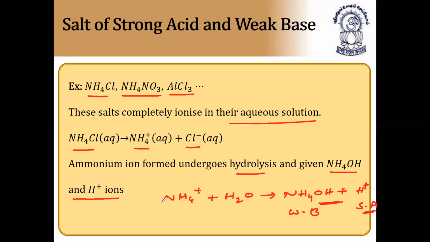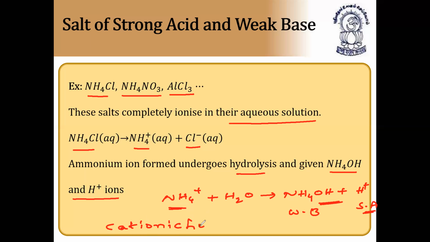in this type of hydrolysis, the cation of the salt undergoes hydrolysis. Here, since the cation of the salt undergoes hydrolysis because the conjugate acid of the base is strong, this type of hydrolysis is called cationic hydrolysis. What is this called? Cationic hydrolysis. Why is it called cationic hydrolysis? Because the cation of the salt undergoes hydrolysis with water.